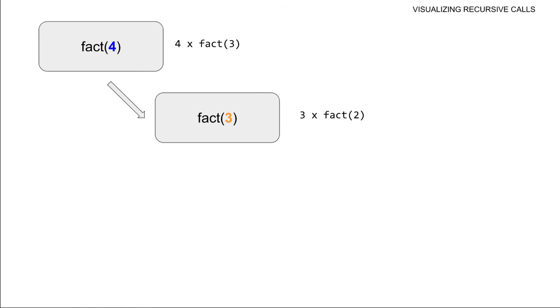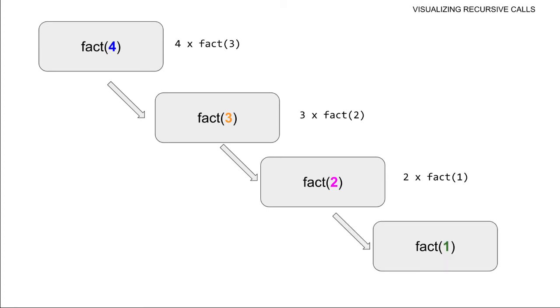But again, in order to solve for fact of 3, we have to solve for fact of 2. So we temporarily set aside fact of 3 and calculate the fact of 2. But in order to solve for fact of 2, we have to solve for fact of 1. Yet again, we temporarily set aside fact of 2 and calculate the fact of 1.